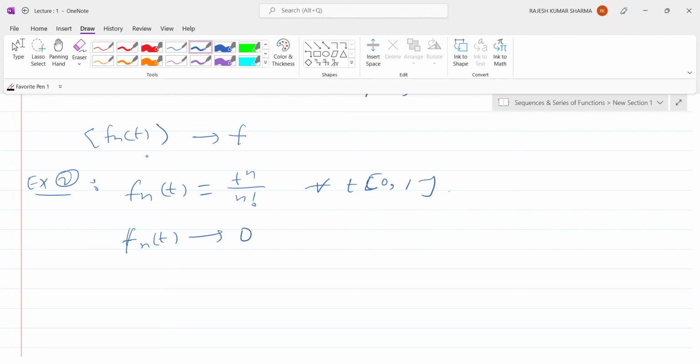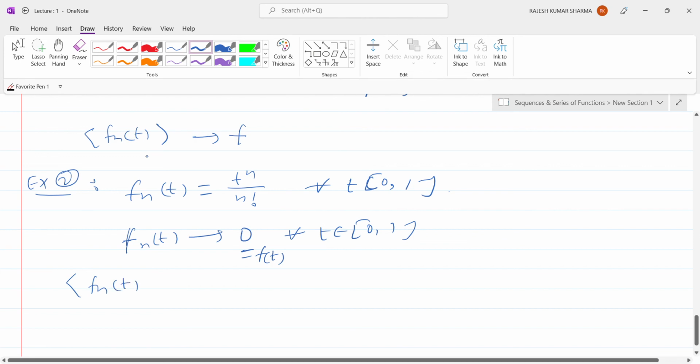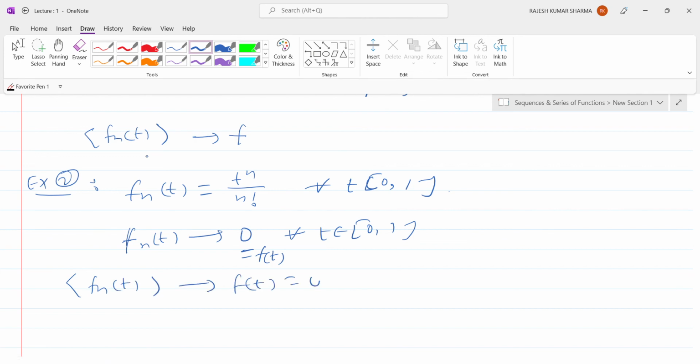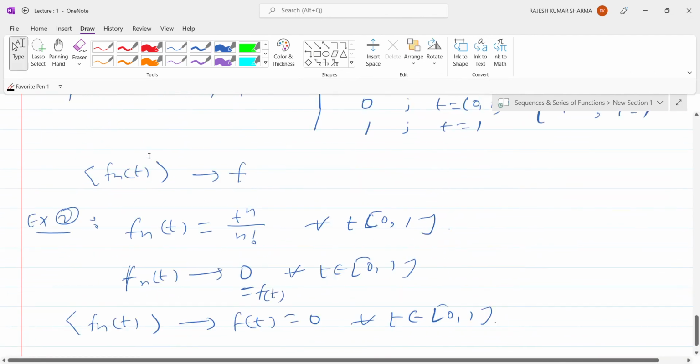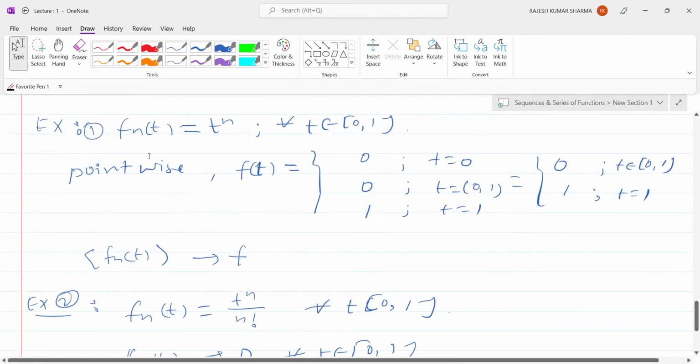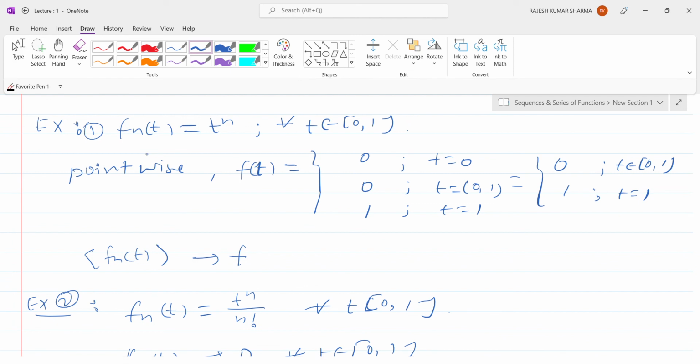Then fn(t) goes to 0 for all t in [0, 1]. This is f(t). That means the sequence fn(t) is pointwise convergent to f(t), which is equal to 0 for all t in [0, 1].